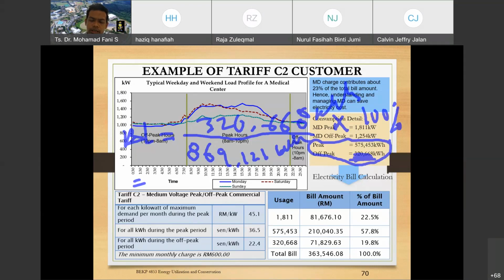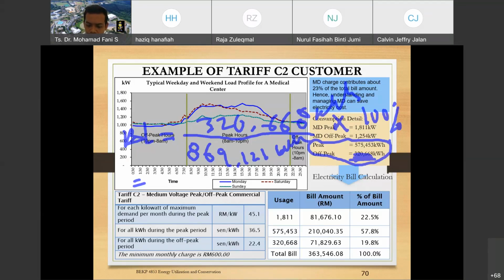So that means the operation of the hospital needs at least 35% to operate during the off-peak, which is the base load.